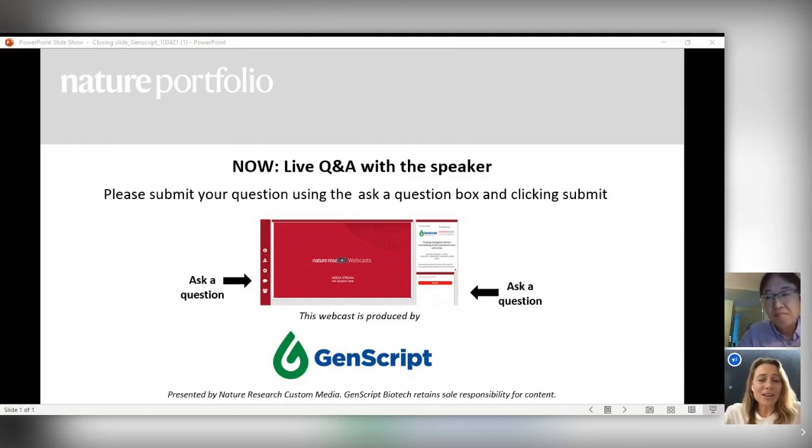Our next question asks, is this out-competition strategy occurring only in an oncogenic system, or does it also apply within a wild-type stem cell? Yeah, so if I have understood the question correctly, my answer is yes, it can be applied to other systems.